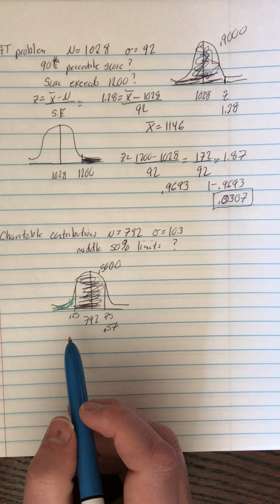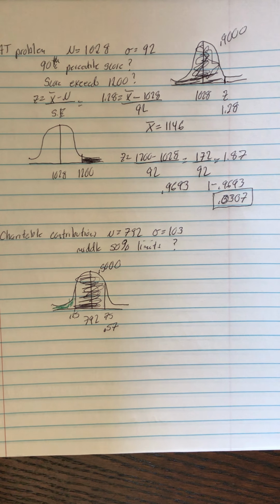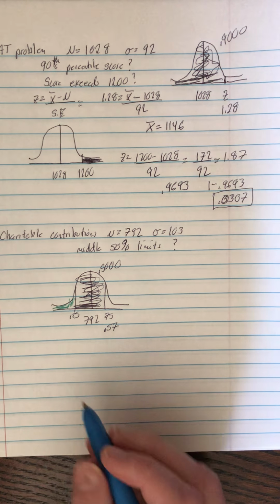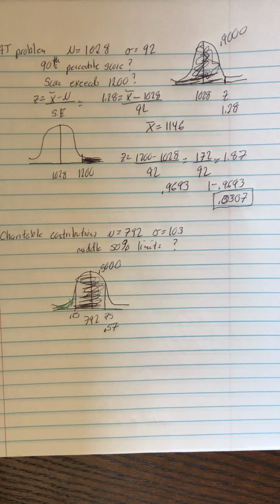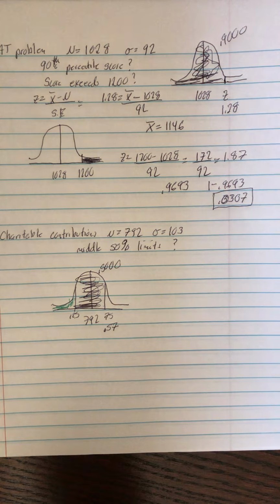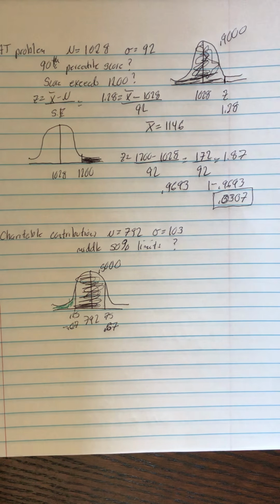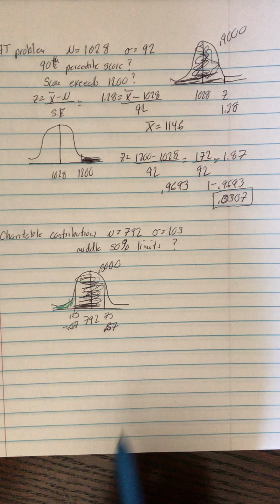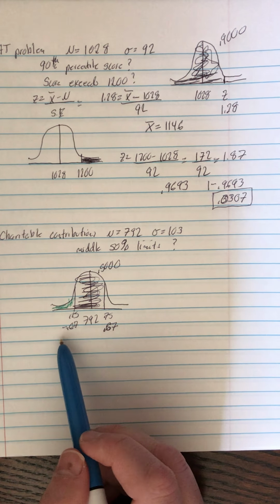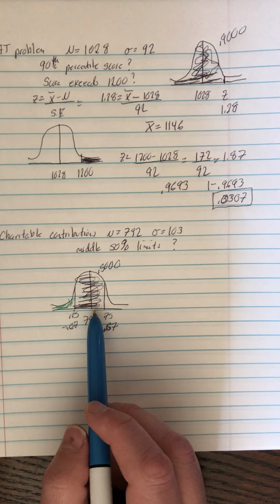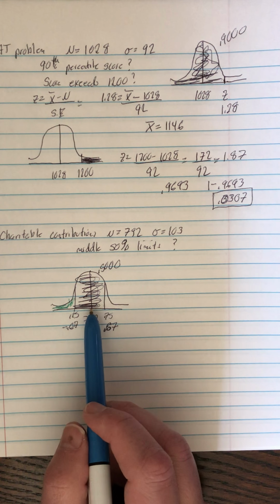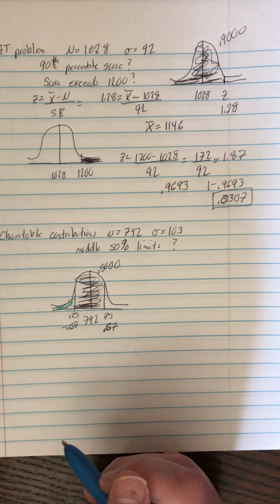My z-score for 0.25, if I look very carefully, is negative 0.67. There you go. So we have 0.67 and negative 0.67. Notice that. Isn't that interesting? The same distance in the positive direction is the same distance in the negative direction. They just have to have different signs.